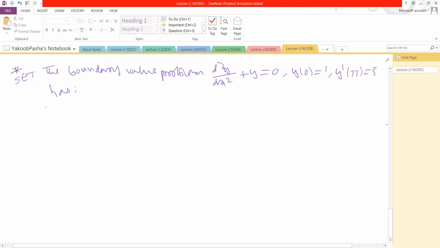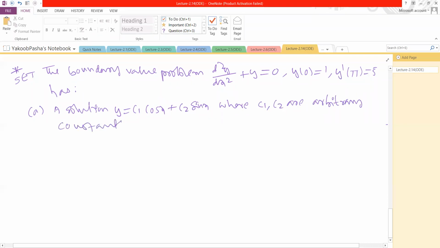We have options here. First option A, a solution y is equal to c1 cos x plus c2 sin x, where c1, c2 are arbitrary constants. Okay, this is the option A. And option B, no solution.